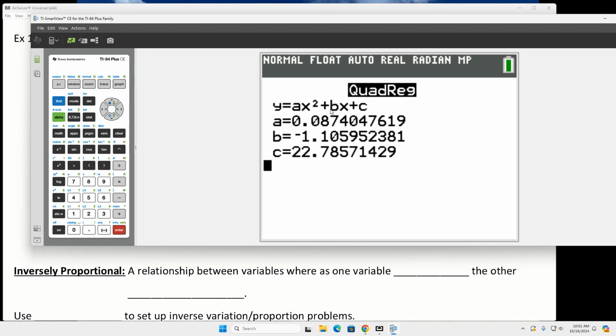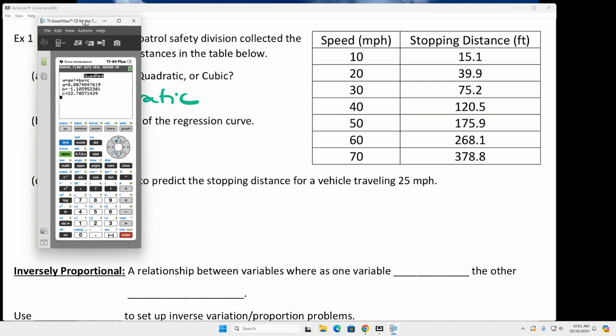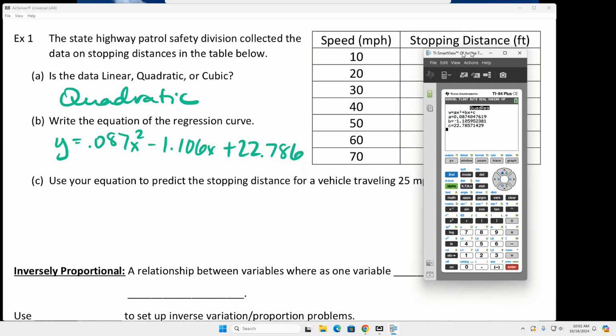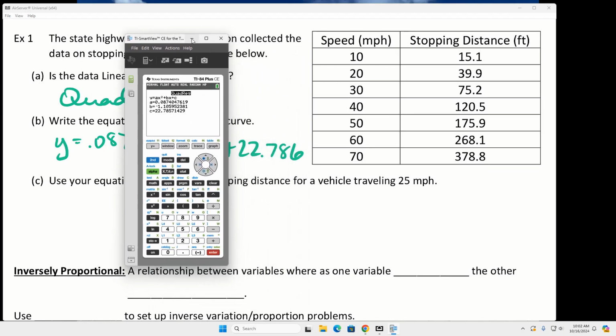All right, so we get that generic form of the quadratic regression and then what to put in for A, B, and C. All right, and then we're going to use our equation to predict the stopping distance for 25 miles per hour.